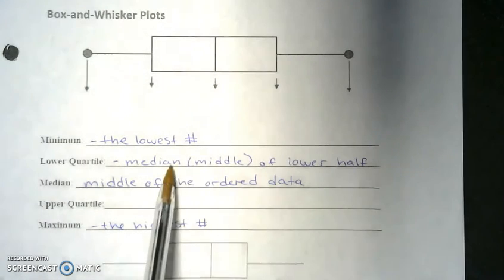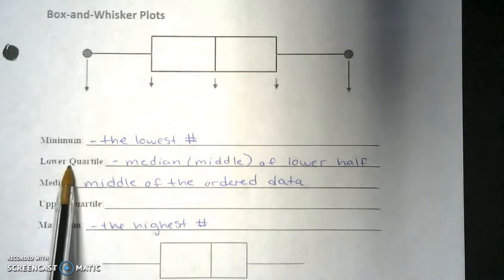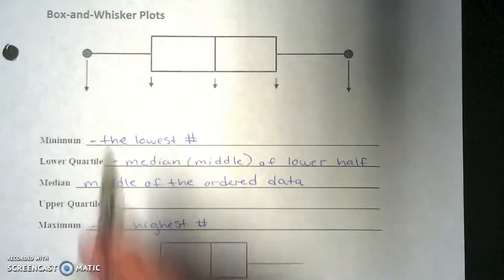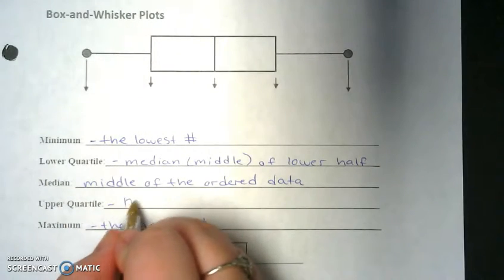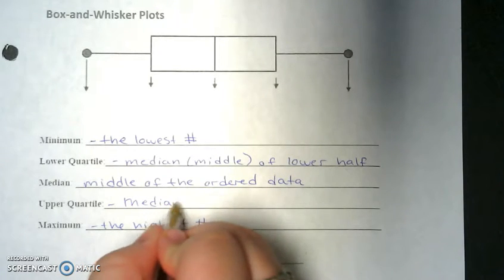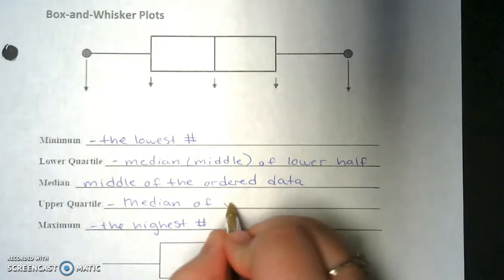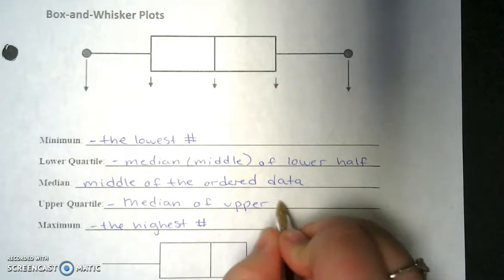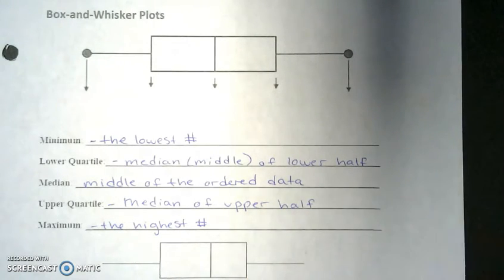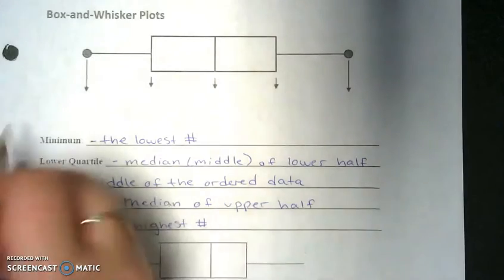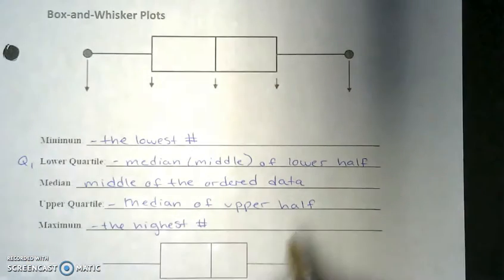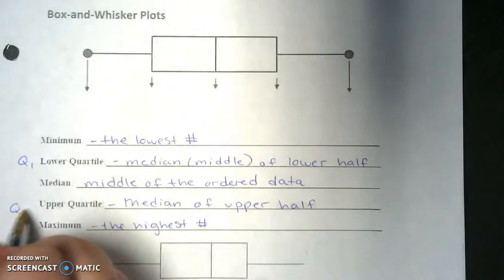Now if we know this, the median of the lower half is the lower quartile, then the upper quartile has to be the median of the upper half. And we know that the other name for lower quartile is just Q1, and the upper quartile is Q3.